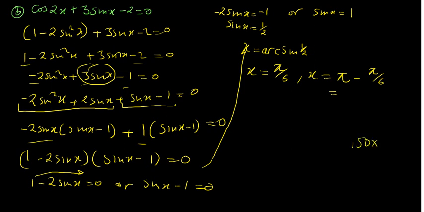And 150 converting into radians, we multiply by pi over 180. So this 0 goes with that 0.